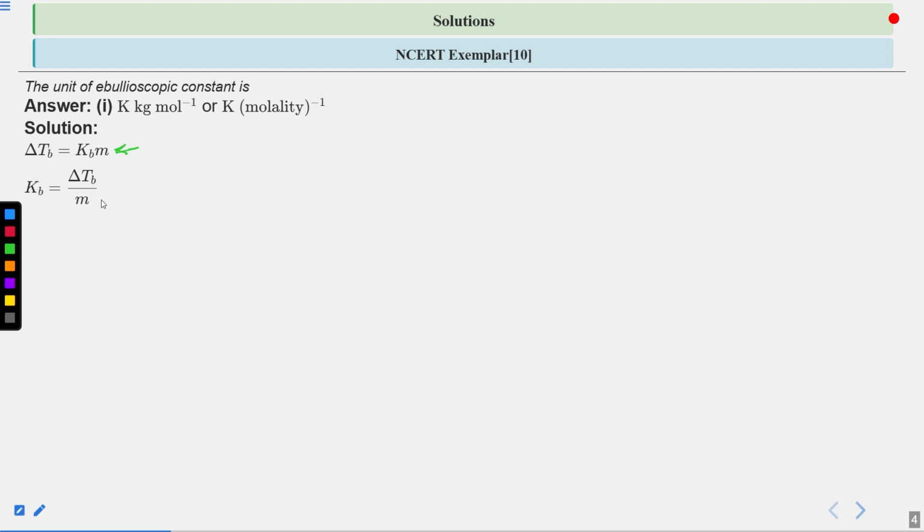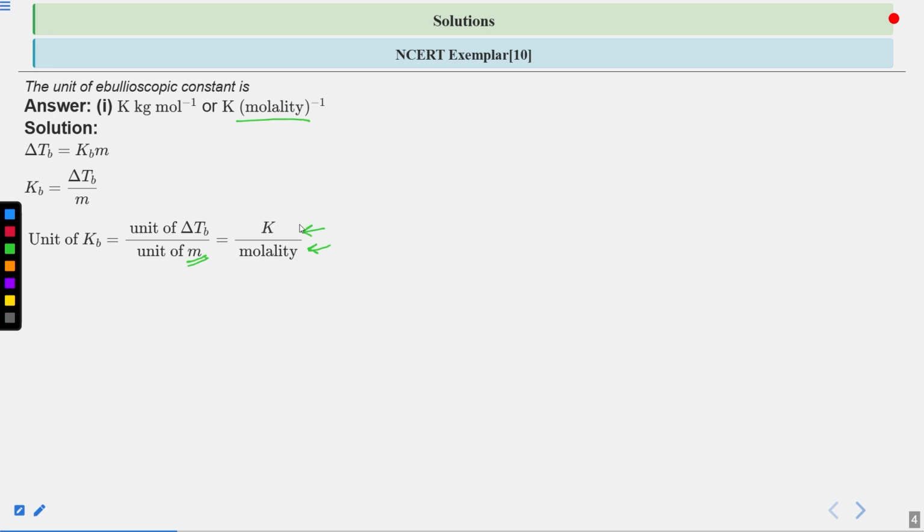So the unit of Kb will be the unit of delta Tb divided by the unit of molality. Delta Tb unit will be Kelvin, and the molality unit, let's suppose it is molality, because in the options the unit is also given in terms of molality. So it will be Kelvin molality inverse, right?